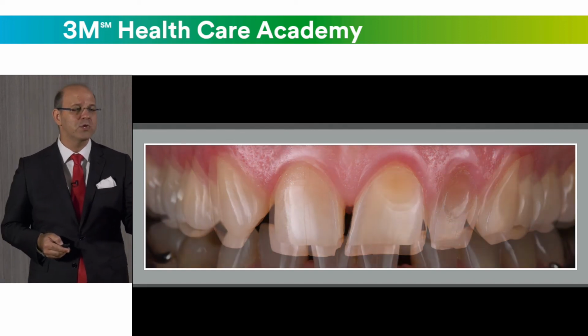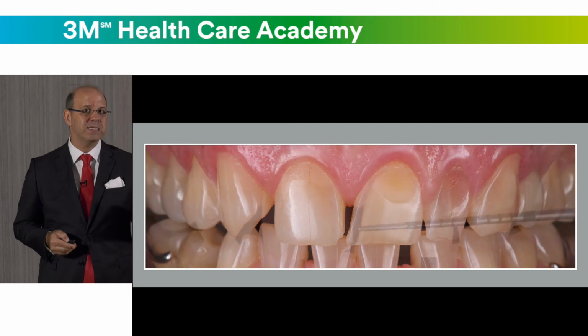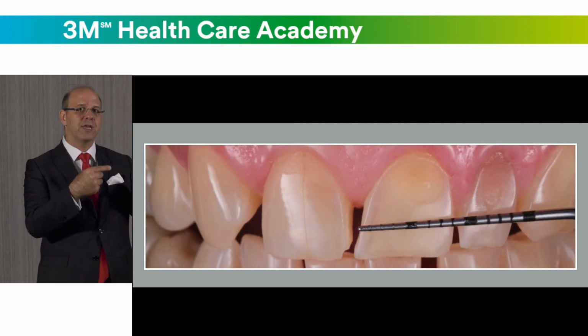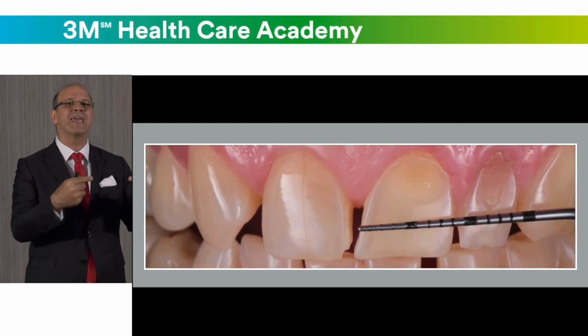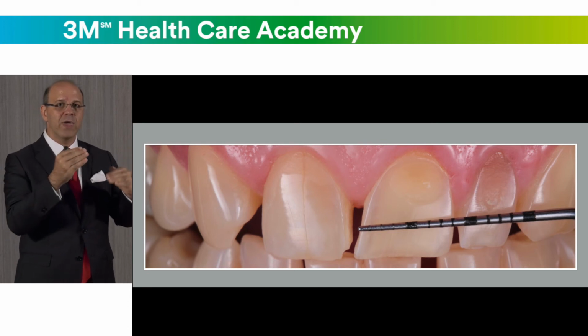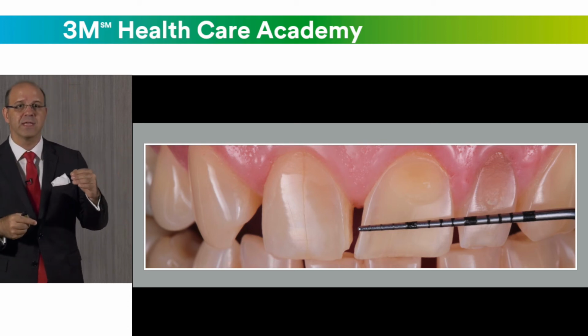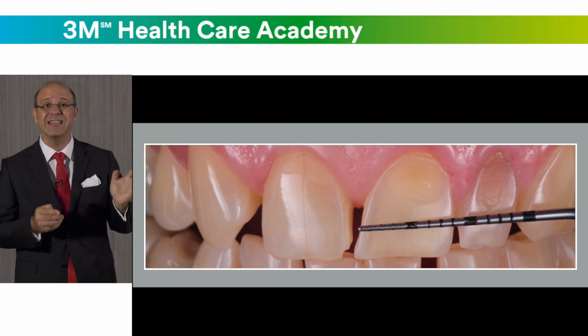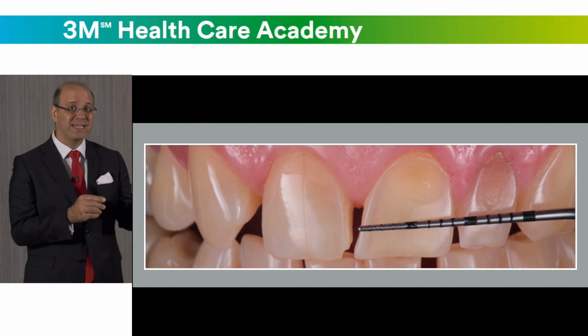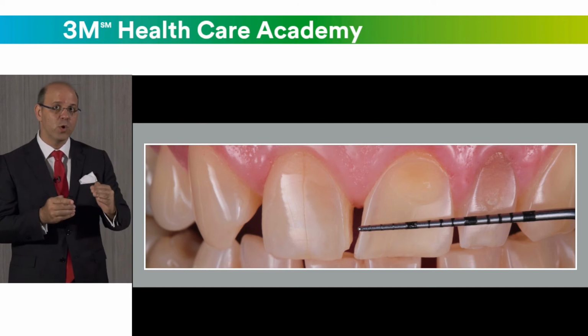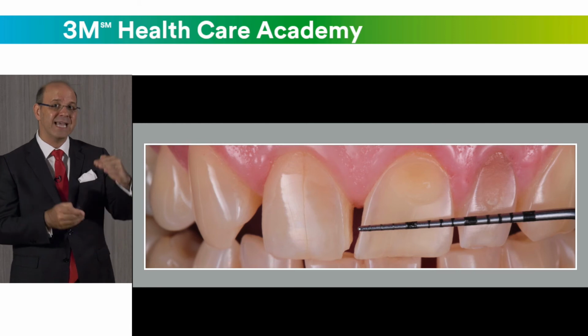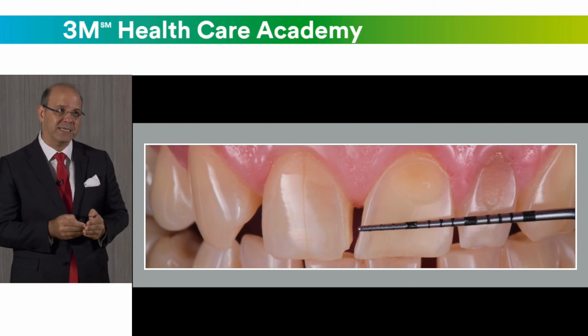First, we need to check the space we have available for each tooth. What you want to get in the end, the width, how much longer the tooth should be. This is planning. With that measurement, we can choose the size of the tooth that fits better in those spaces.